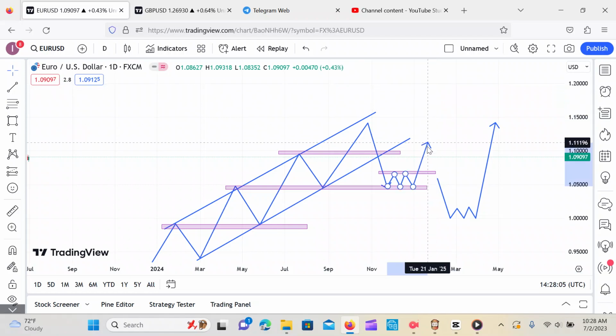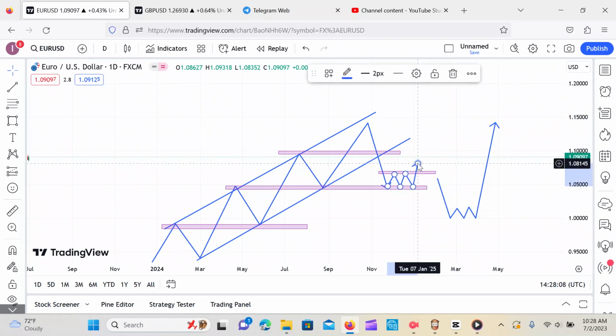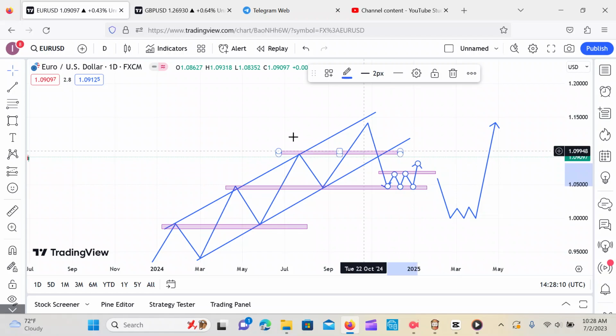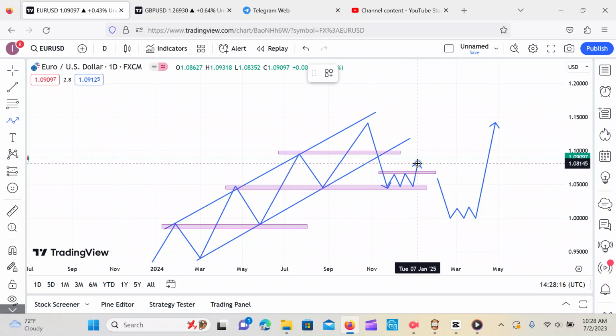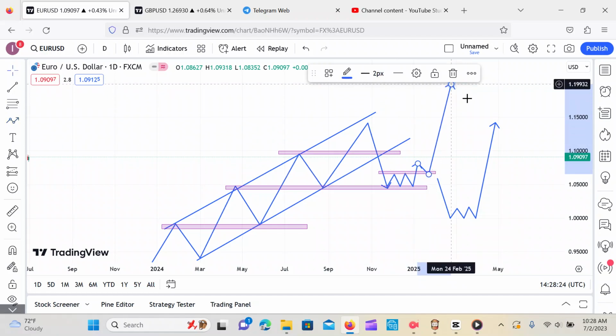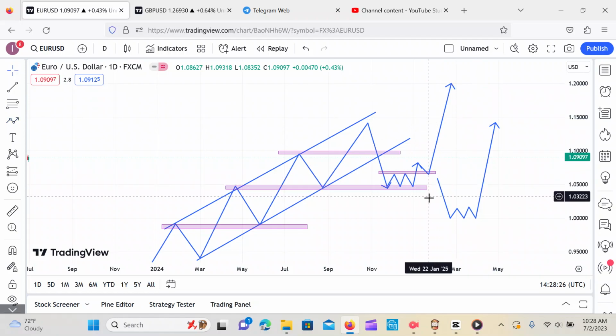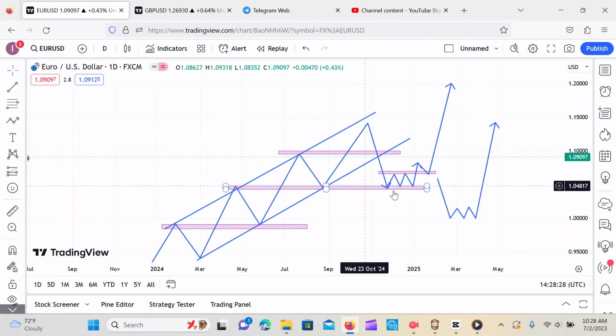Immediately price breaks through the highs, you make your entry, or you can wait for price to push back to turn this resistance level into support, then you buy to the upside, and your stop loss will be below this support level.